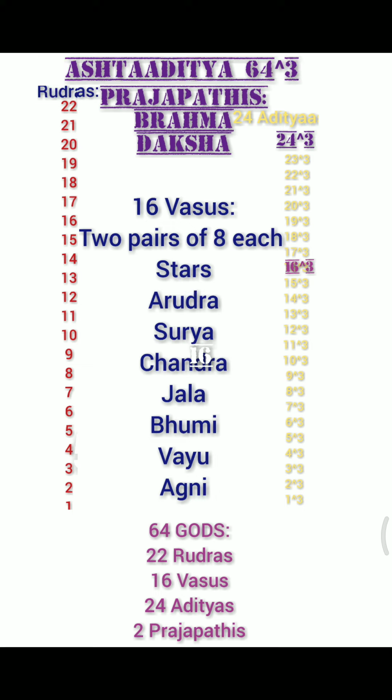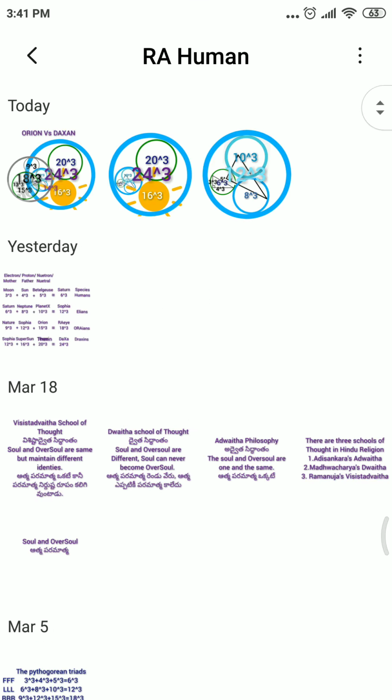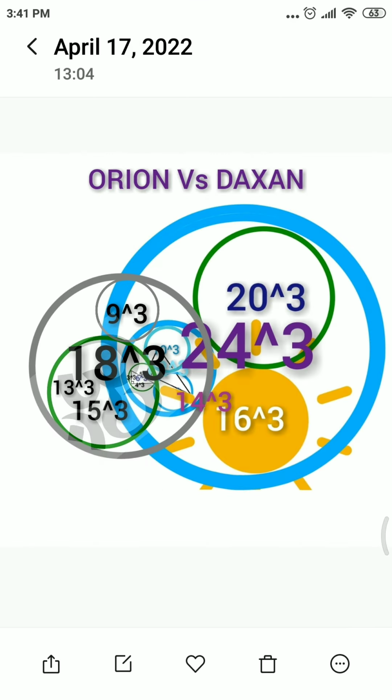Also in Indian mythology, the father of Lord Krishna is called Vasudeva. Vasudeva literally means God of Vasus. So this 16 cube, I think, is Vasudeva. 12 cube is Devaki, mother of Lord Krishna.